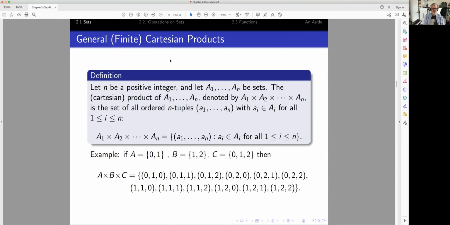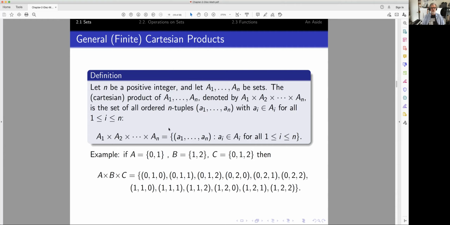Say I have a positive integer n and sets A1, A2, right up to An. Then the product, in that order, of A1, A2, right up to An, denoted A1 times A2 times up to An, is the set of all ordered n-tuples where the first entry comes from the first set, the second entry comes from the second set, and so on.